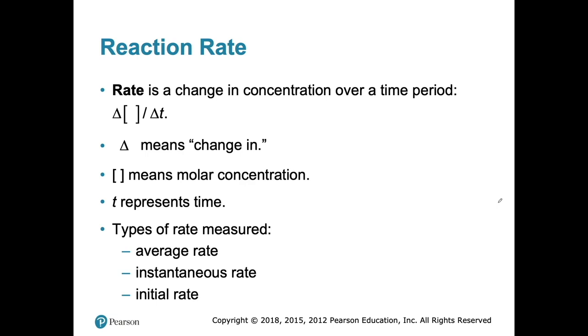So, just to reiterate, the rate is equal to the change in the concentration of a reactant or the product or anything over the change in time. Delta means change, brackets means concentration, t means time. The average rate, the instantaneous rate, or the initial rate. Those are the 3 types that we measure.